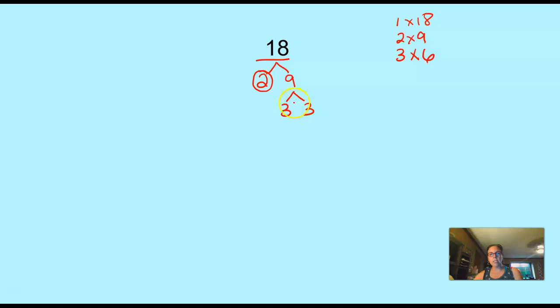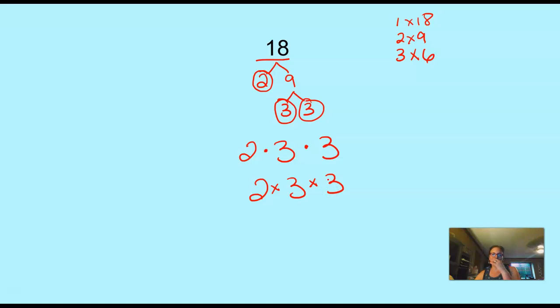Make sure you're multiplying and not adding. 3 is prime, so we're going to write it as 2 times 3 times 3. If those dots confuse you, you can still use the X. We just need to start to get away from that, and we'll get more into that later. So 2 times 3 times 3.